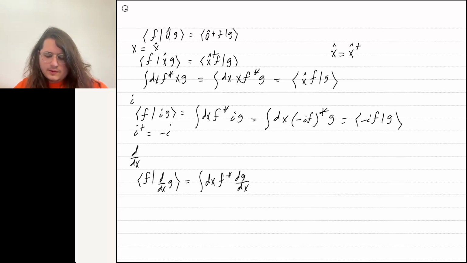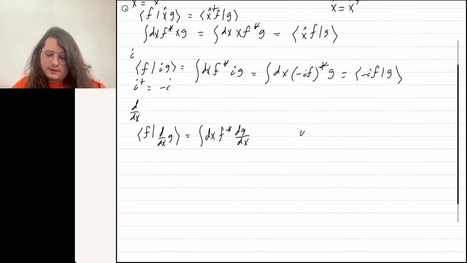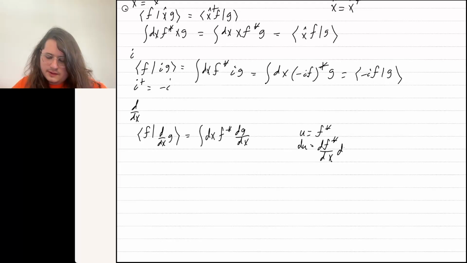And if we do integration by parts on this using u equals f star, du equals df star dx, and dv would have to be dg dx dx, and then the integral of that, v would just be g.